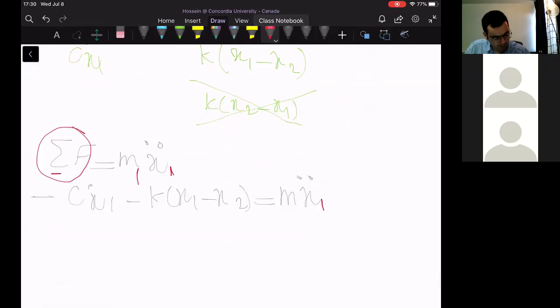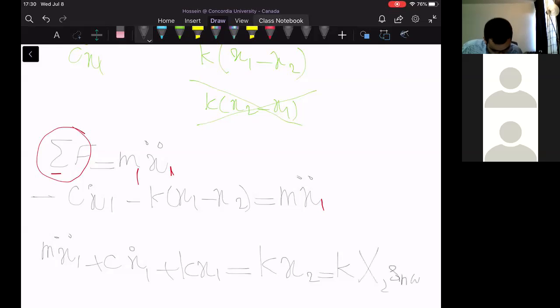If I further simplify this equation, I will come up with m x double dot 1 plus c x dot 1 plus k x1 is equal to k x2, where x2 is given as x2 sine of omega t.